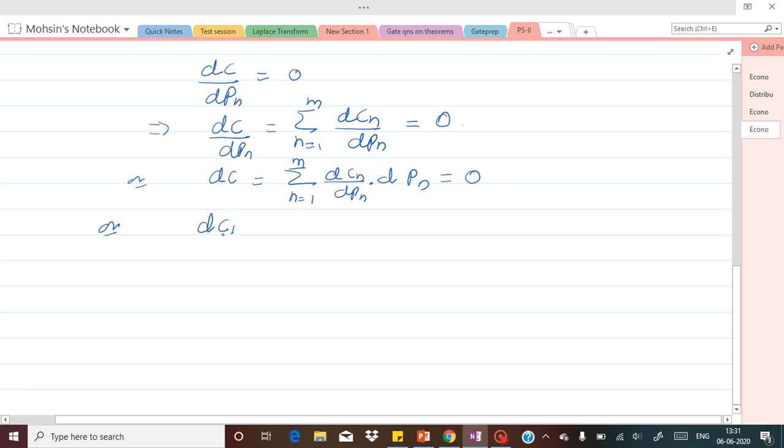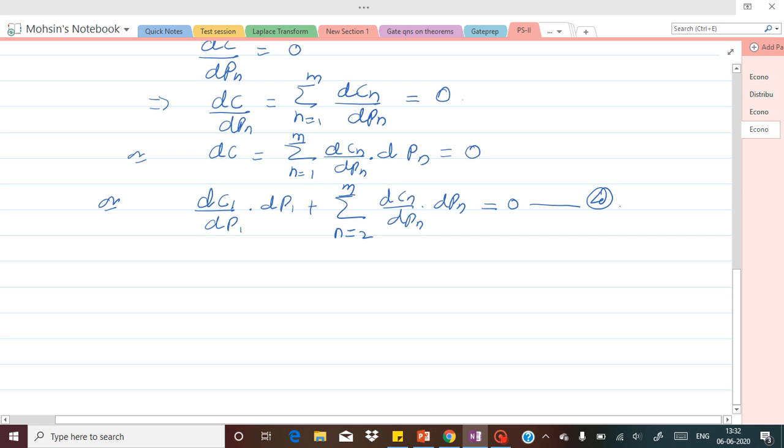So dc1 by dp1 into dp1 plus summation, remaining terms will be starting from n equal to 2, so that time it will be dcn by dpn again into dpn. So here this will be again equal to 0. So let me indicate this equation number 4.